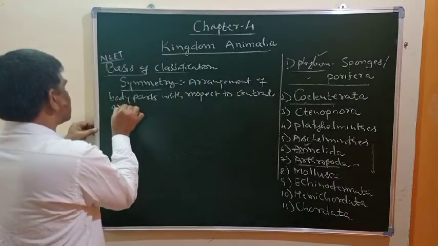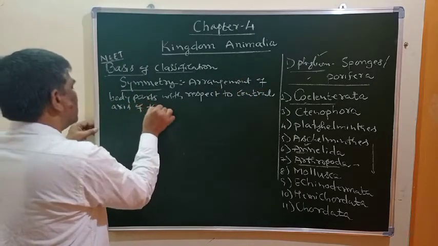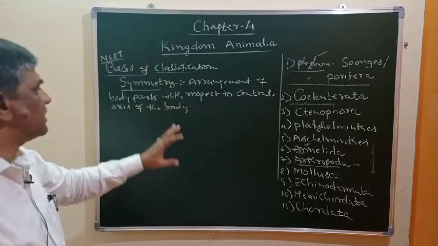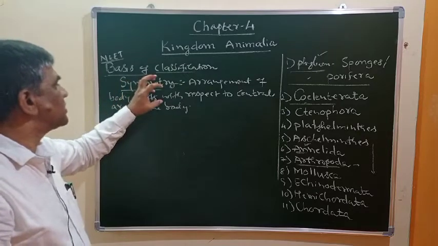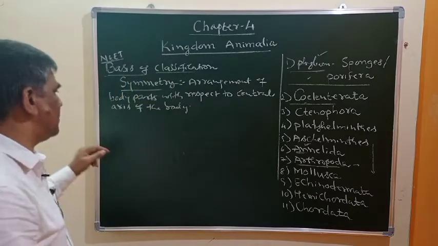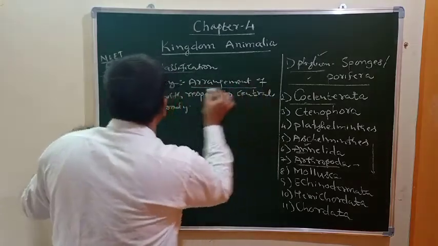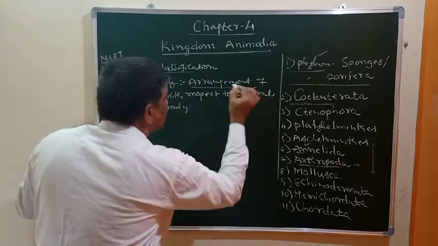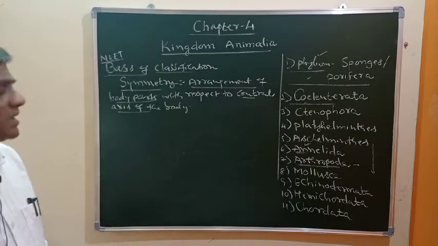This definition is not there in the textbook, even then you must know what symmetry means: the arrangement of different body parts with respect to the central axis of the body is called symmetry.